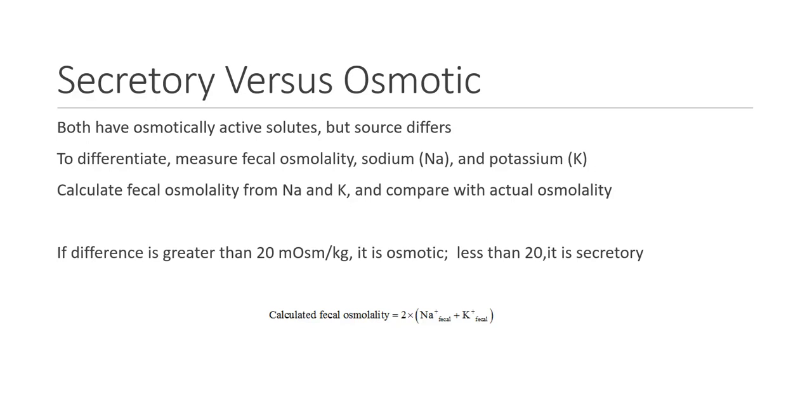And we usually do this on urine, and we can do this on serum, but sometimes it is done on fecal matter. So you calculate the fecal osmolality from the sodium and potassium and compare with the actual osmolality. If the difference is greater than 20 milliosmoles per kilogram, it is osmotic. If it's less than, it is secretory.